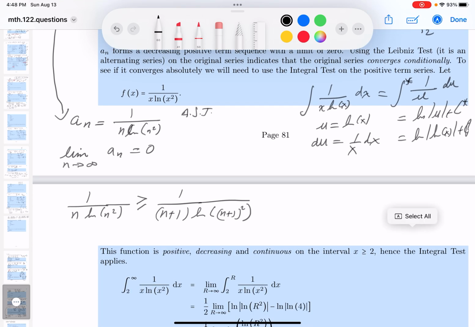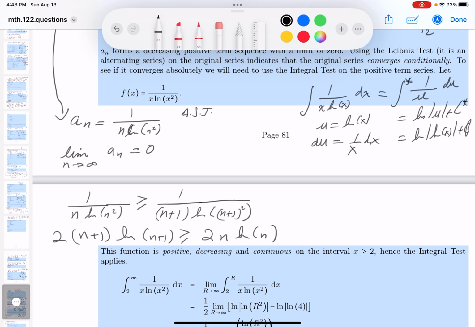So let's just do that. Positive term series, positive terms a_n. I guess I'd multiply both sides by n plus 1. Well, let's just cross multiply. It's pretty easy to do. N plus 1, and then ln. This is n plus 1, by the way. But that 2 there, I'm going to bring it down. You would get 2n ln n.